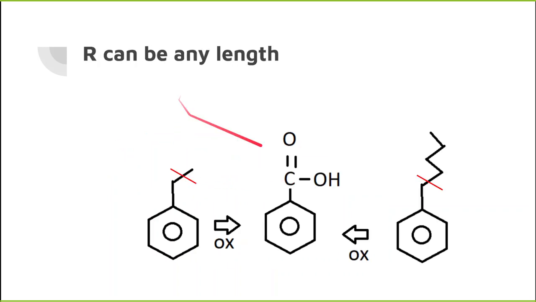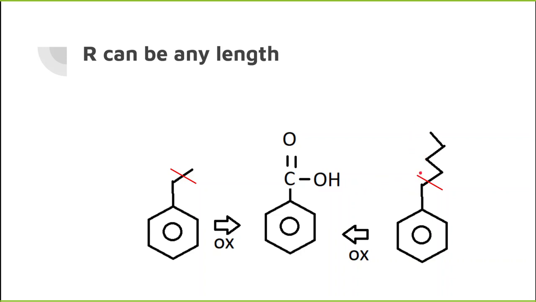And it doesn't matter how big this R group is, it's gonna get lopped off. So here we've got this carbon right here, and then it's attached to another carbon. That carbon's gonna get removed, and it will form the C double bond O OH. But if you had one with a propyl group attached to it, the same thing, that R group gets cleaved off and it gets oxidized into the same thing.